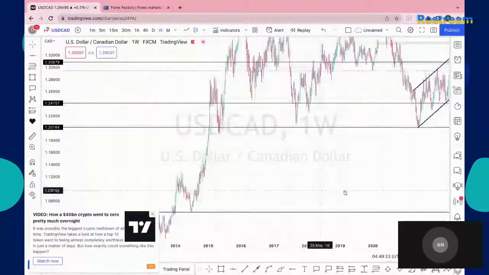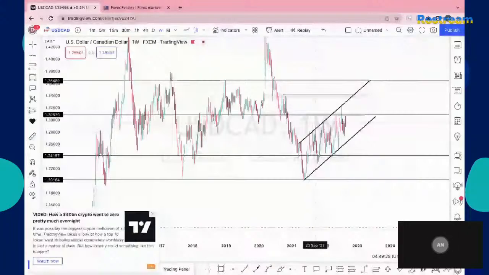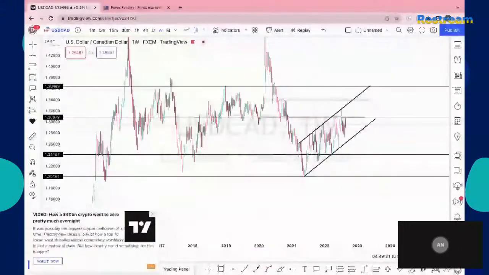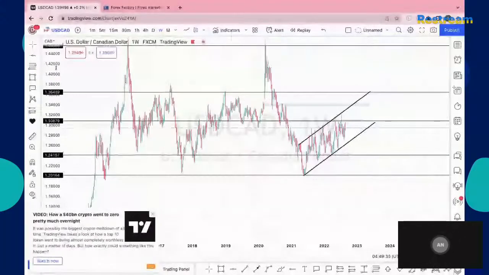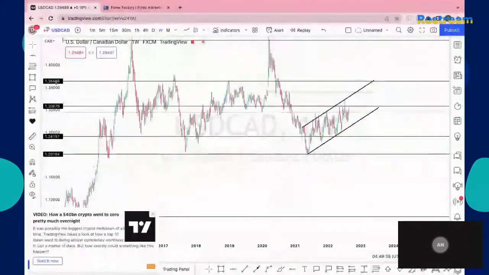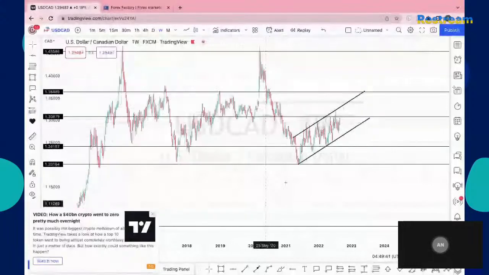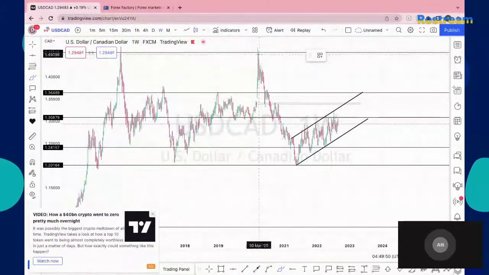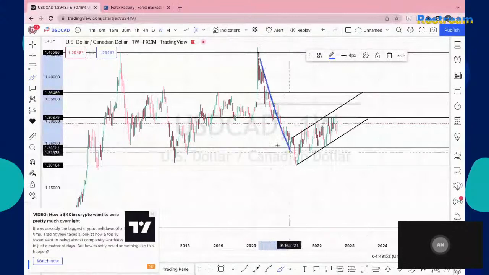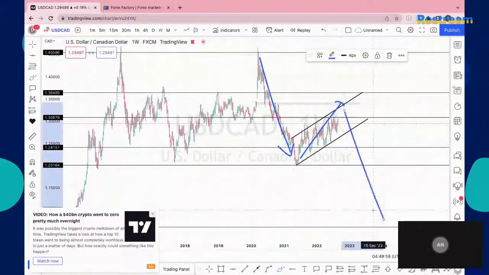You mustn't think, you never know, because already I can tell you what I see. This is a bearish flag, and it pushes up to gain momentum to push down.